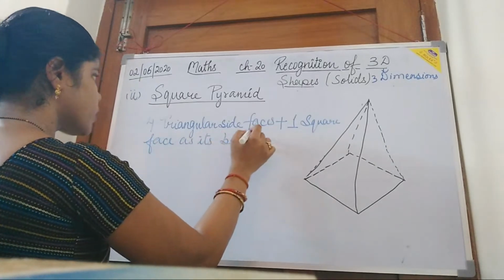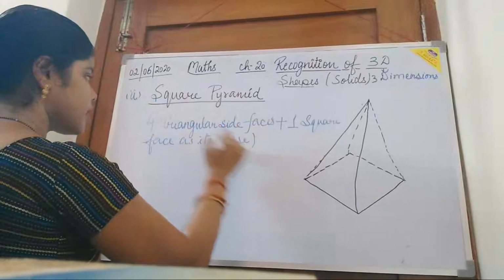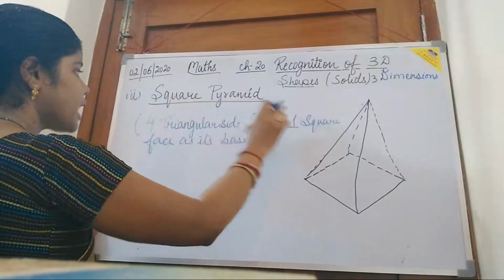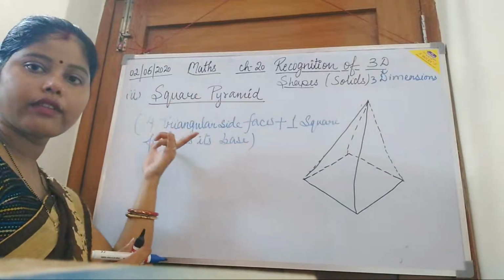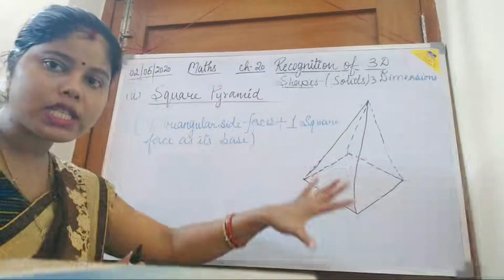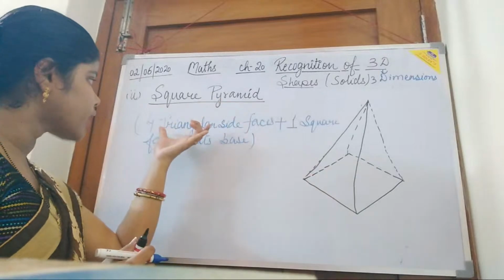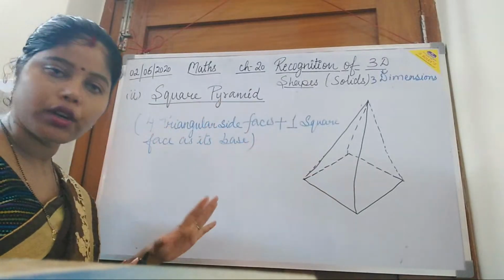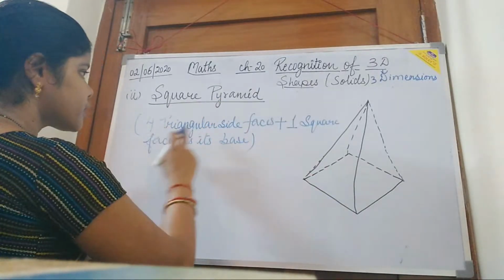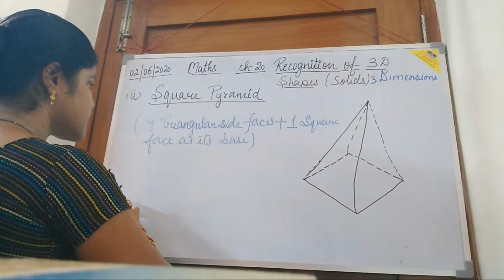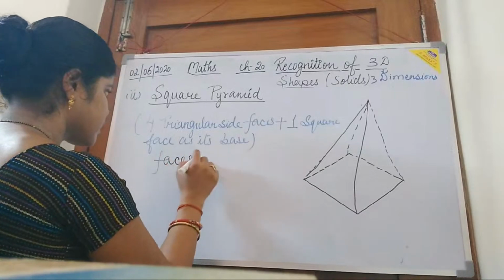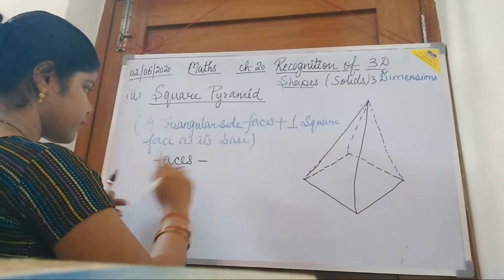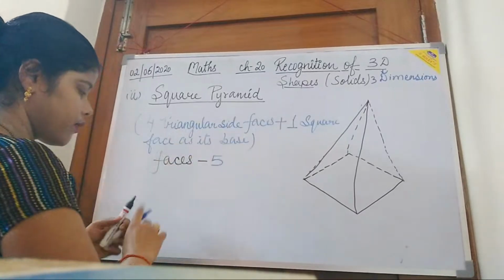So the base is a square, so that's why it's named a square pyramid. The other lateral faces, the other side faces, are triangular. The square has 4 sides, so how many triangular side faces? 4. Now 4 triangular faces plus 1 square face as its base. So how many faces in total? 4 plus 1, 5 faces.